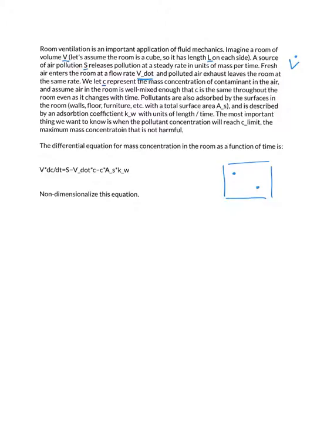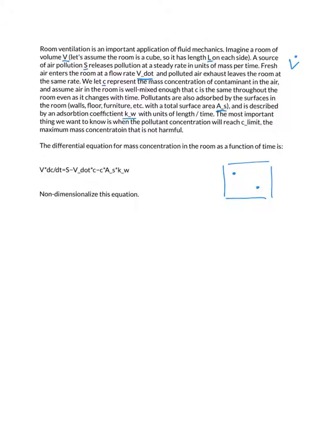Pollutants are also absorbed by the surfaces in the room, walls, floor, furniture, etc., with a total surface area, A sub S, and this absorption is described by an absorption coefficient, K sub W, with units of length per time.